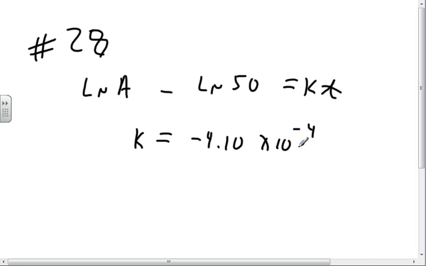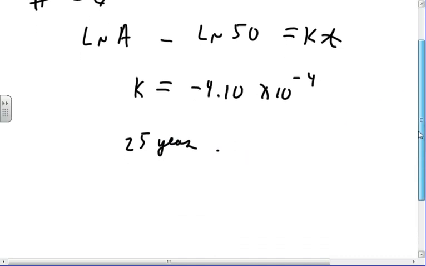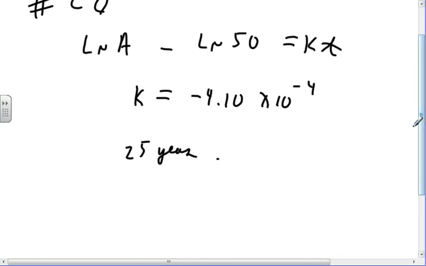Find the amount remaining after each of the time intervals. So we want to know how much remains in 25 years. Okay. A is the amount remaining.